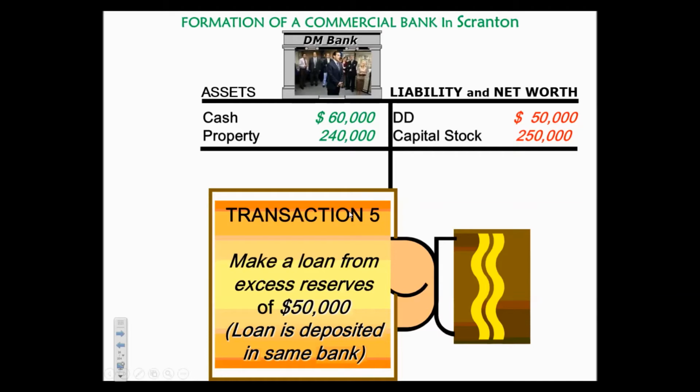So this bank could loan $50,000, okay? So they're going to loan $50,000 to somebody, and then that $50,000 is going to be redeposited into the bank, okay? The assumption there is that the money gets redeposited so that we can show that money's created. Okay? Yes, sir. I'm saying that maybe it's zero, so don't worry about it.